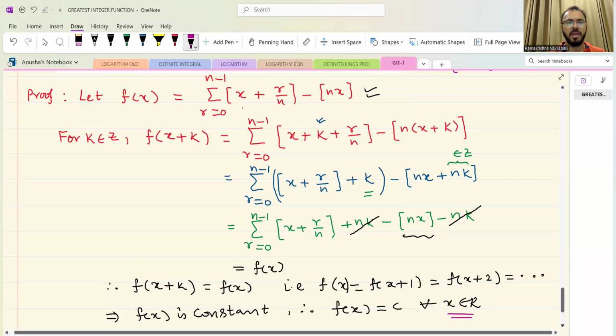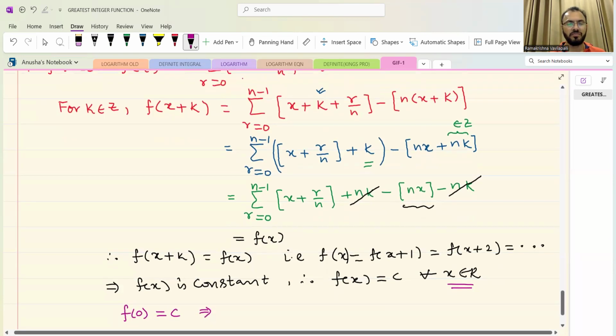You will get r by n minus 0. You will get sigma integral part of r by n, r equal to 0 to n minus 1, minus integral part of 0 equal to C. This implies we got C equal to 0.